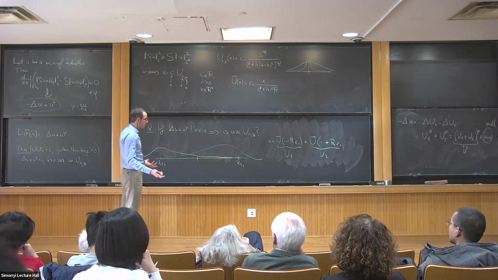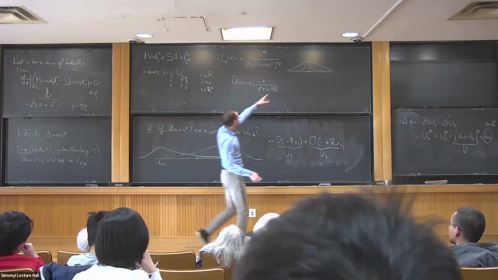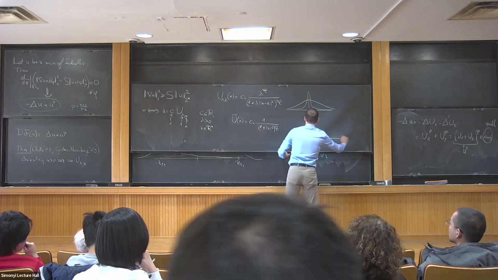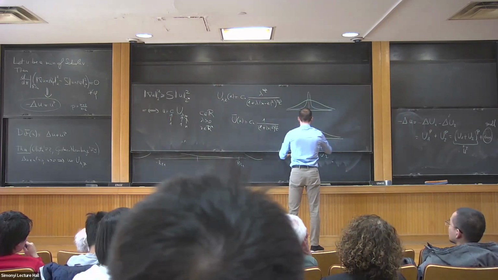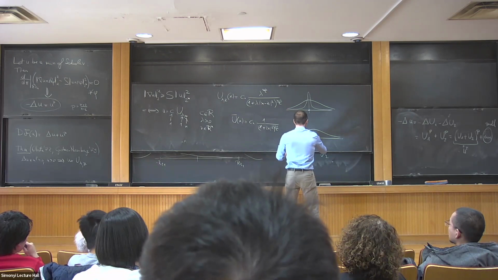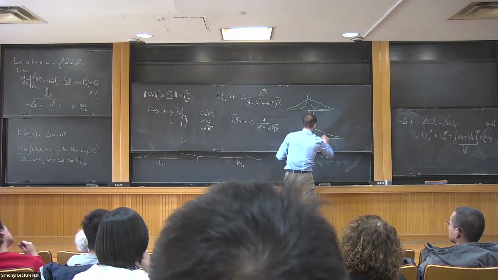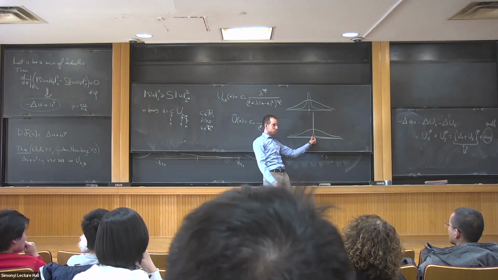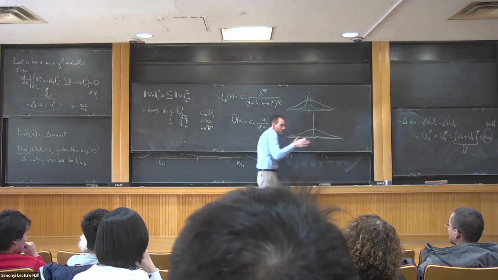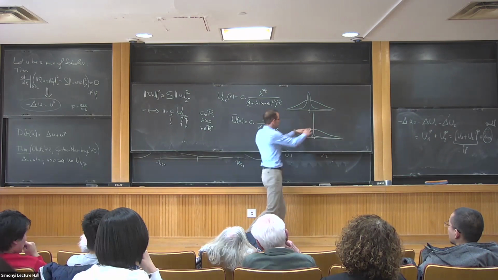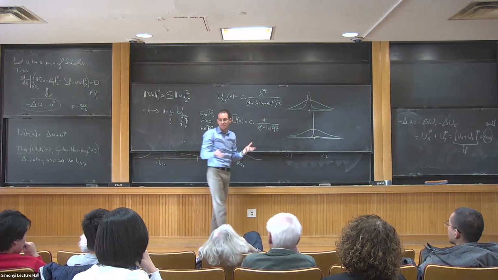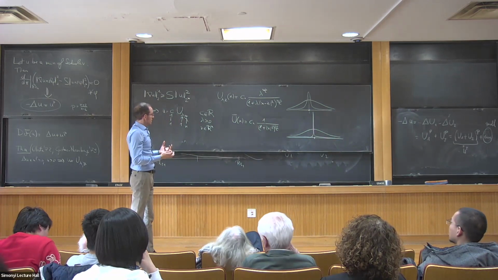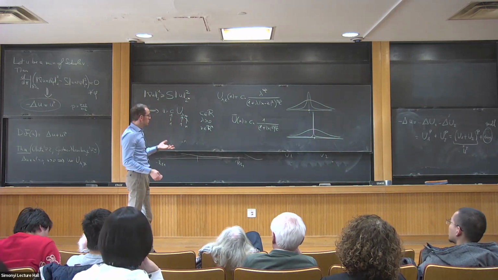You could also do a different trick, which would be, I told you that you can rescale minimizers. So you could also take one minimizer again and take the other one, but rescaled extremely high, for instance. Then one minimizer will be supported in an extremely small neighborhood of the origin because it's extremely concentrated. The other one is scale 1. Again, the interaction is extremely small. So this is a phenomenon which is very well known in geometric analysis.